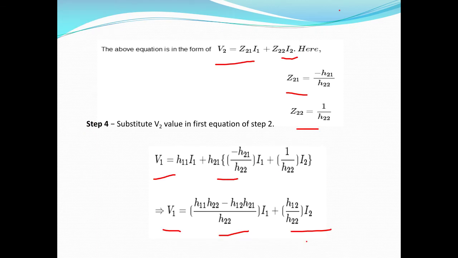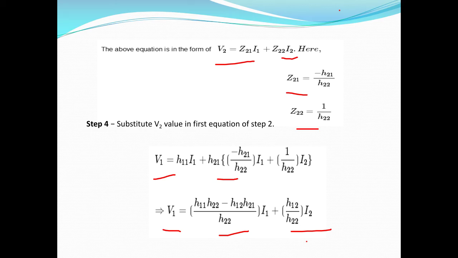Now the above equation is in the form of V2 is equal to Z21 I1 plus Z22 I2. So here Z21 is equal to minus of H21 upon H22 and Z22 is equal to 1 upon H22.